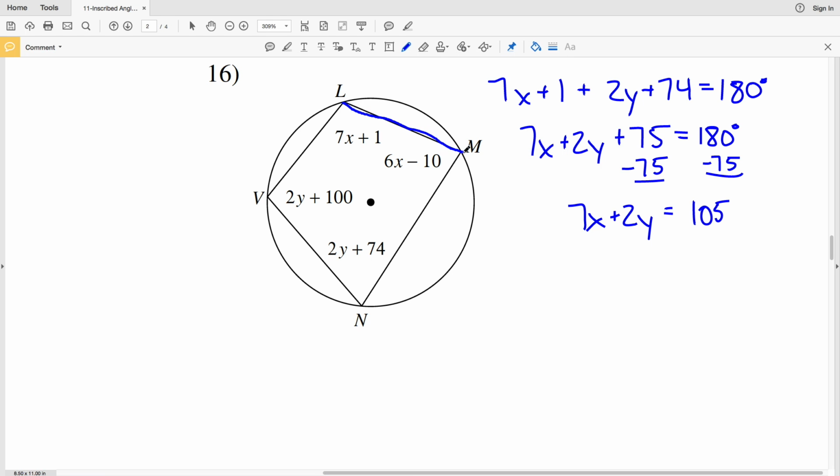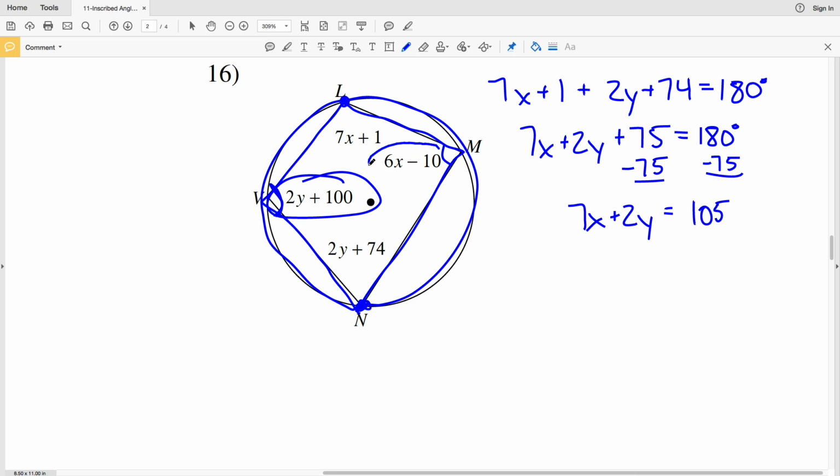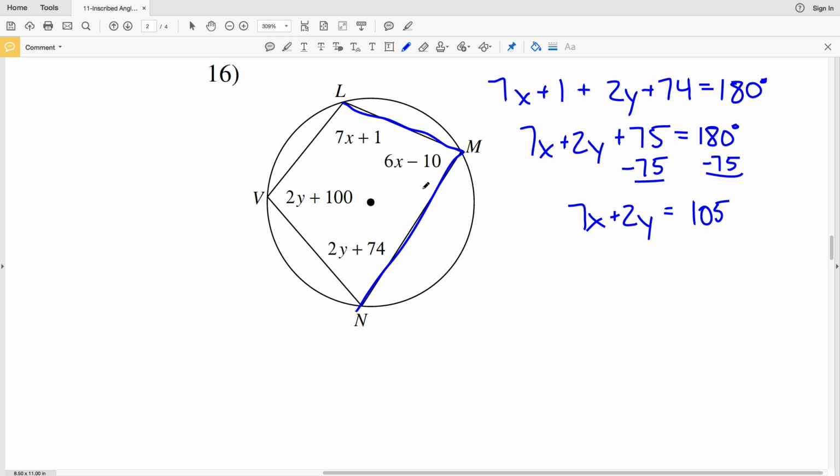Now I'll look at my other inscribed angles that will add up to 180 degrees because their intercepted arcs add up to 360 degrees. So looking at the inscribed angle LMN associated with arc LVN, if I add that arc to arc LMN, I'll get 360 degrees, which is the inscribed angle LVN. So if I add 2y plus 100 to 6x minus 10, I'll also get 180 degrees.